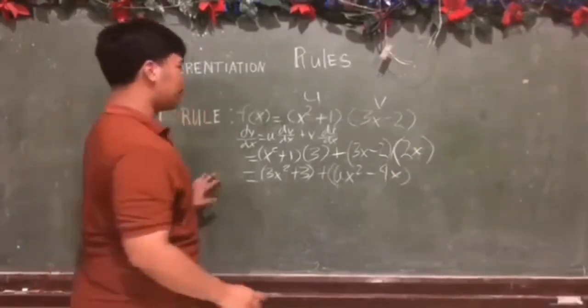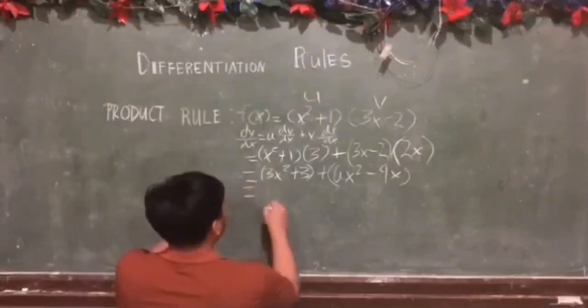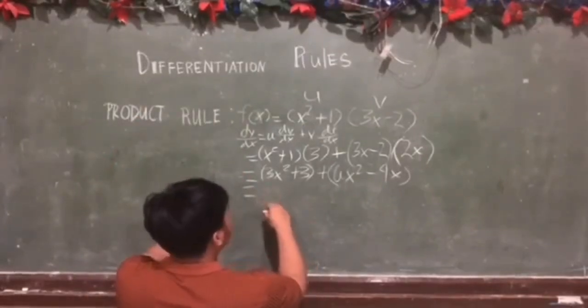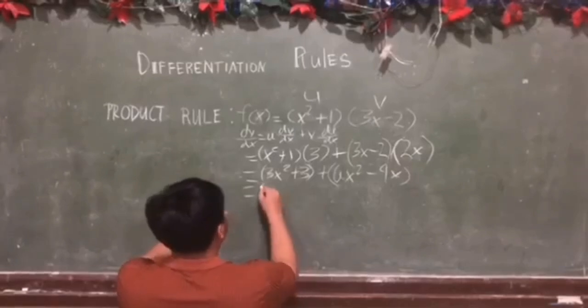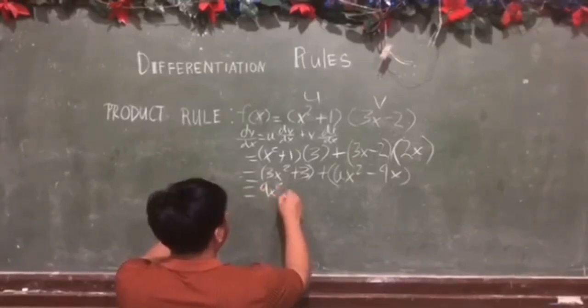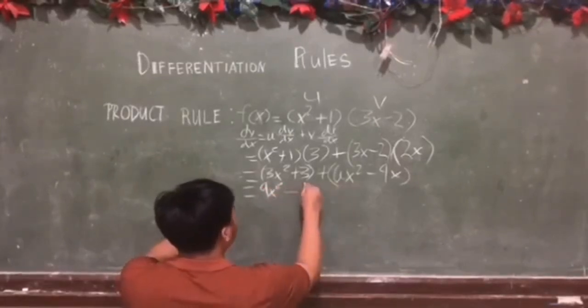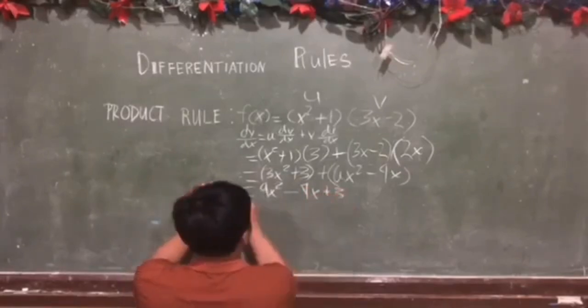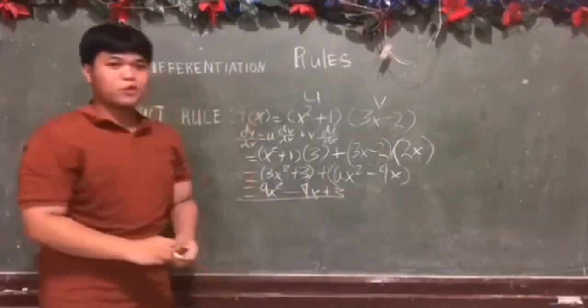After that, we combine the like terms. The like terms are 3x squared and 6x squared. 3x squared plus 6x squared is 9x squared. Then copy the negative 4x plus 3. And this is how you solve the product rule.